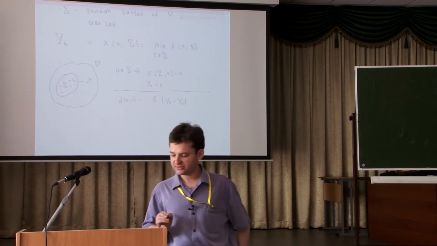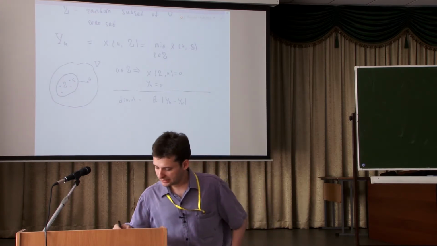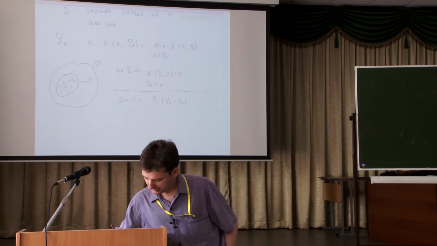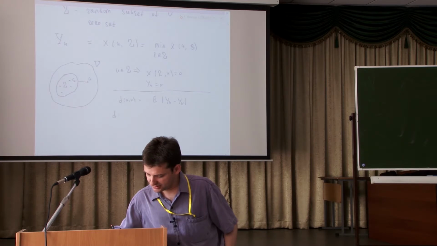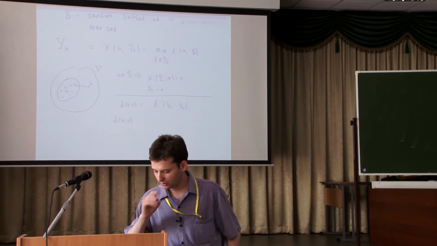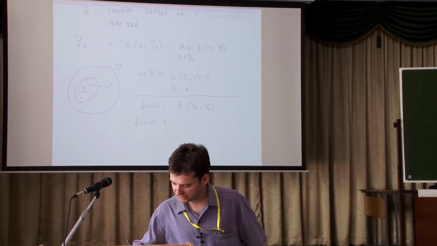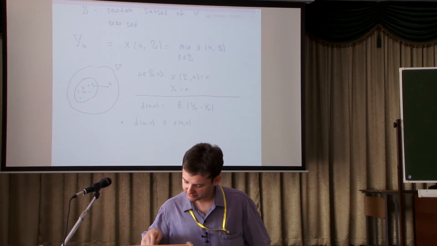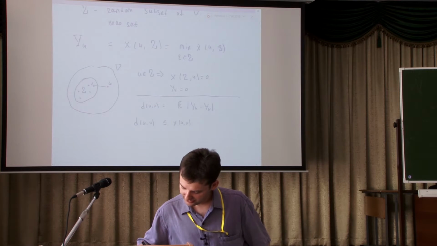So what can we say about these distances? The important thing is that D of U,V is always going to be less than or equal to X of U,V. This is a common property, let's call it a theorem.